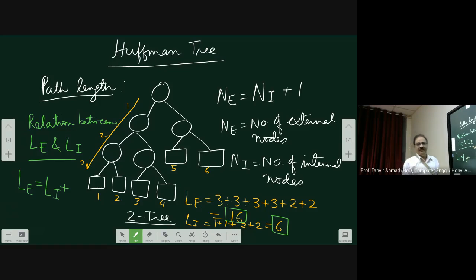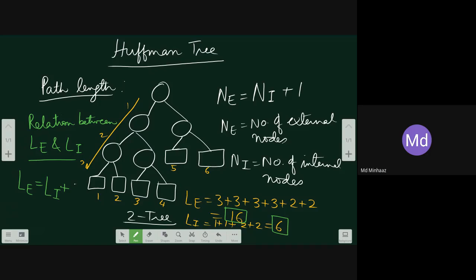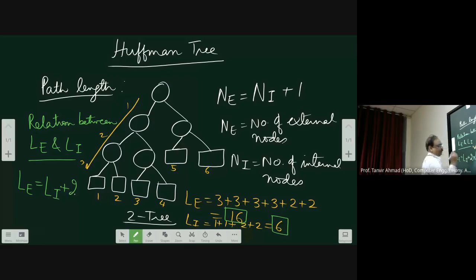LE is equal to LI plus, what should be the formula? 2n, where n is the number of internal nodes. What you said is correct.